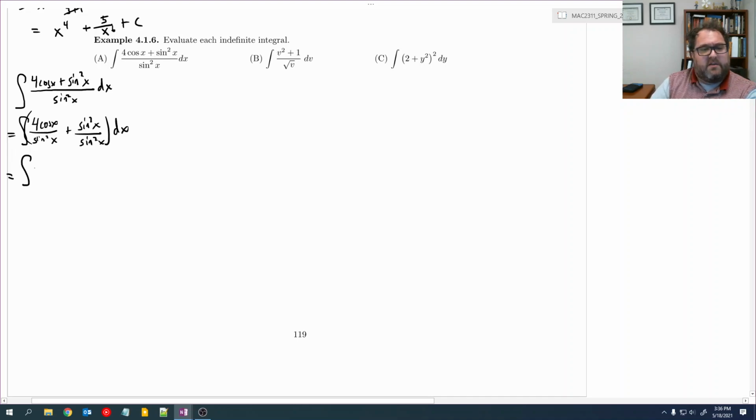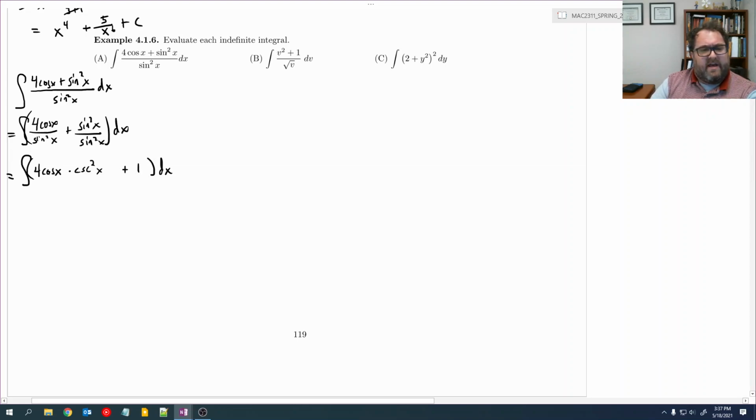Of course, we could write this as 4 cosine x times, what is 1 over sine squared x equal to? That's cosecant squared, like so. And then, of course, plus 1 dx.